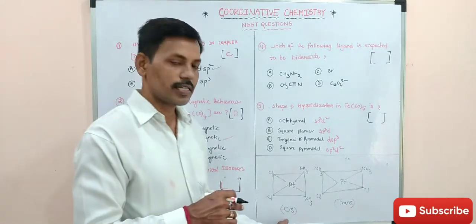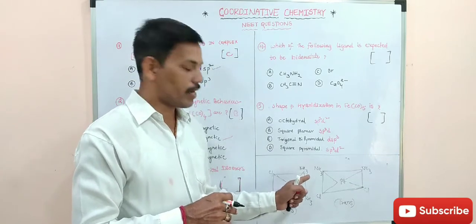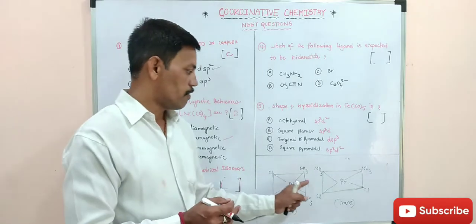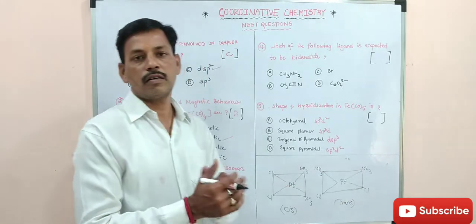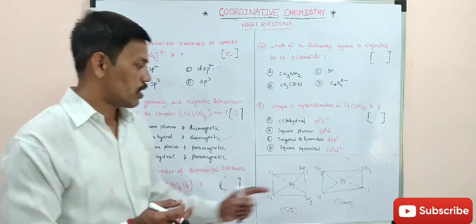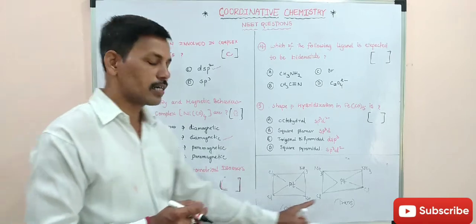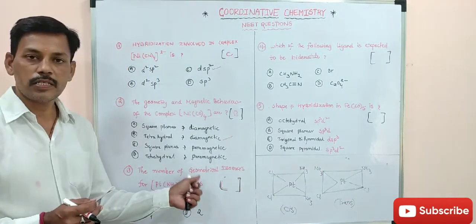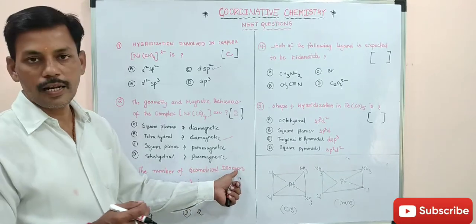In the cis isomer, the same type of ligands are arranged in a parallel position, whereas in the trans position, the same type of ligands are opposite to each other. So this is called cis and trans forms of the complex compound. This type of isomerism is called geometrical isomerism.